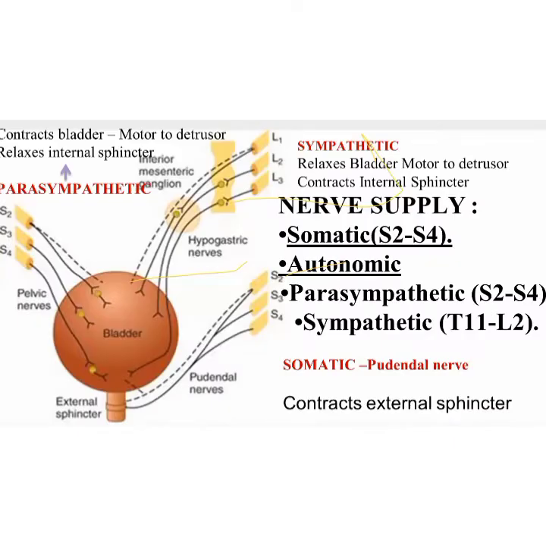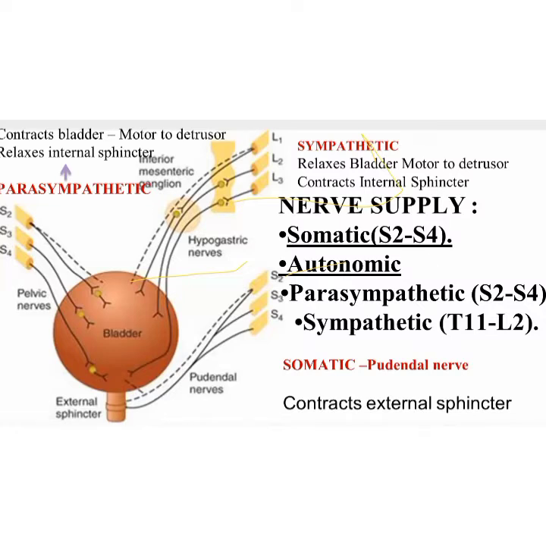Now coming to the nerve supply of the urinary bladder. It has two types of nerve supply, somatic and autonomic. The somatic nerve comes from the pudendal nerve, which has the root value S2, S3 and S4, that is sacral segments, second, third and fourth.